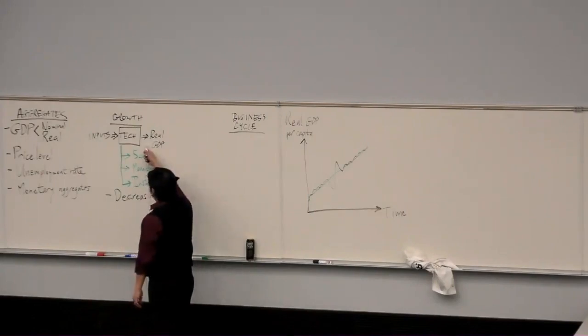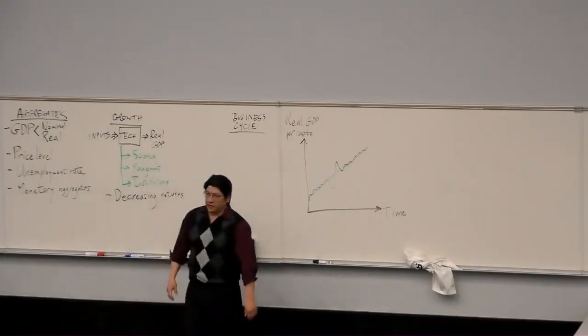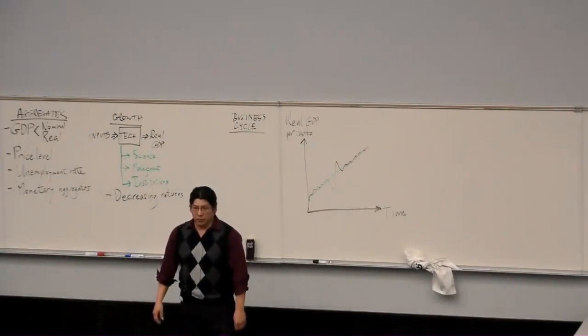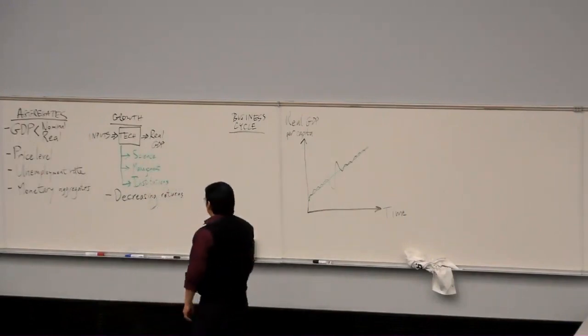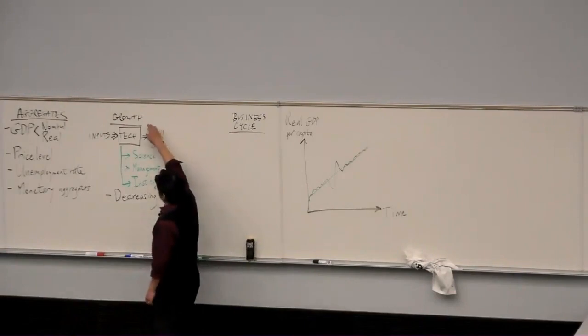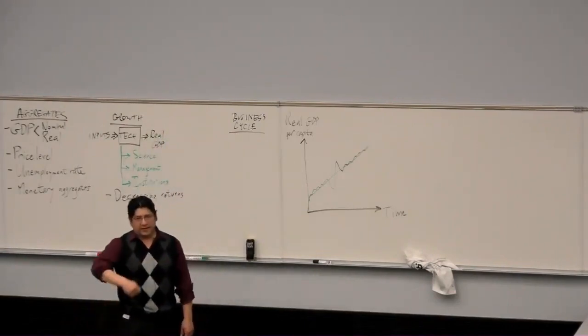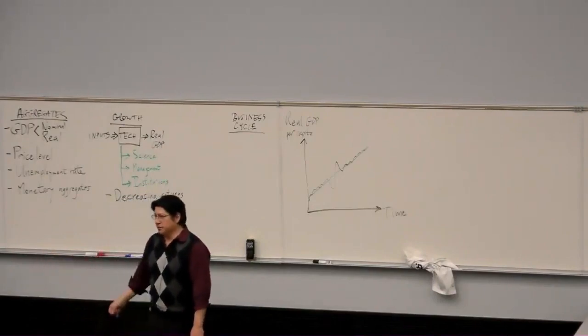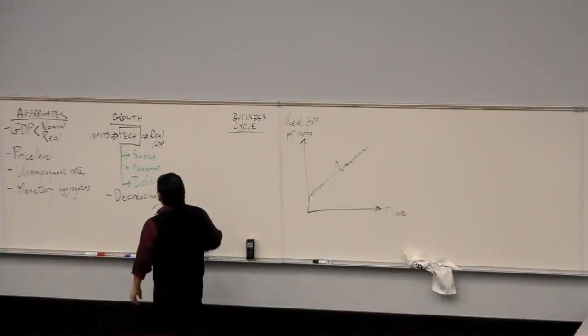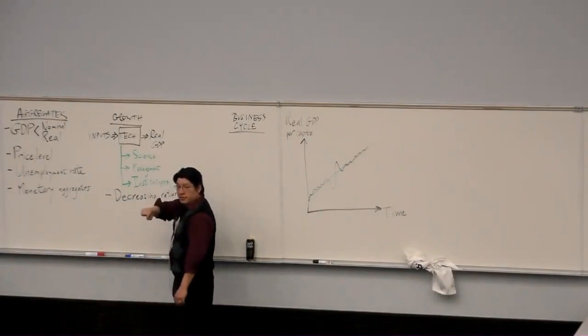If this production function is characterized by decreasing returns to inputs, it means that the only way we could possibly have economic growth over decades and decades, I'd say centuries, is if technology is continuously improving.